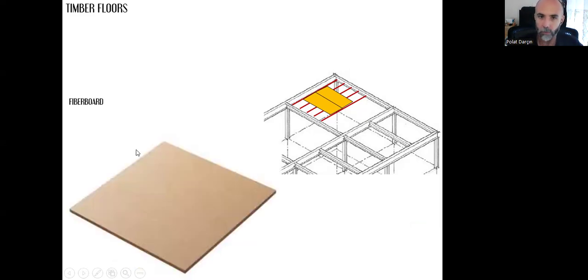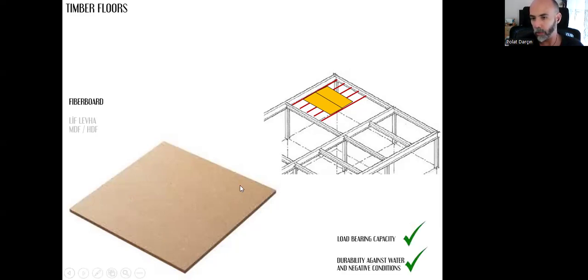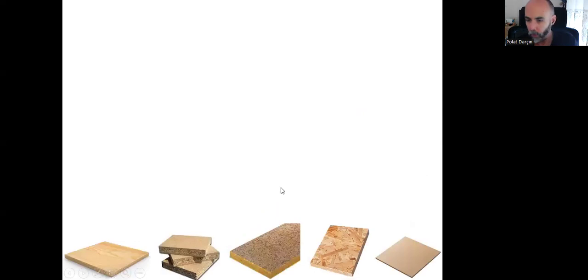And the last option, the fifth one, is the fiberboard, lif levha in Turkish. However, we know it mostly as MDF or HDF, medium density fiberboard, high density fiberboard. There are different options. The density implies the amount of particles and its durability, obviously. And again, it has a good load bearing capacity and good strength against all these negative conditions. So we have these five options.